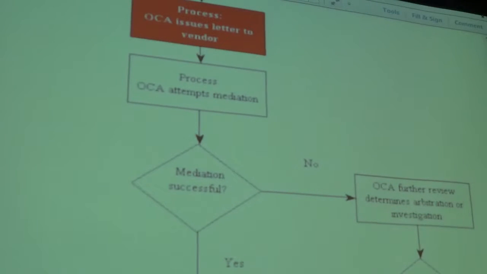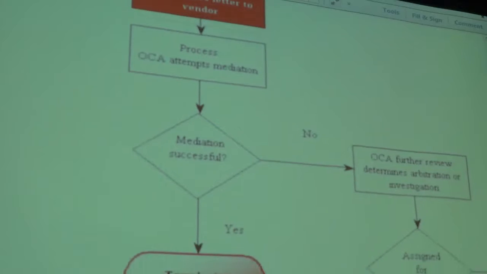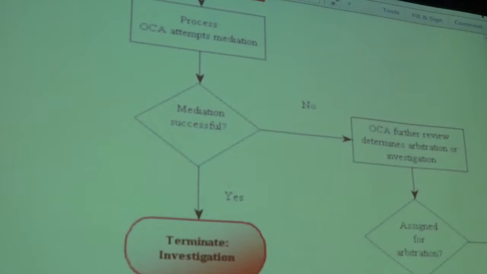OCA attempts to conduct a mediation with the person making the complaint and the licensed home improvement vendor. Once the mediation goes through the process, the question is: is the mediation successful, yes or no? If it's yes, then it terminates the investigation. The solution is found. If it's no, then OCA further reviews to determine whether an arbitration investigation is necessary.